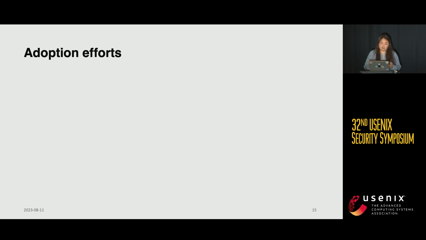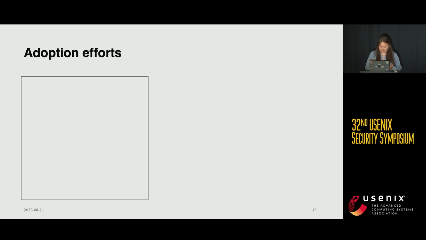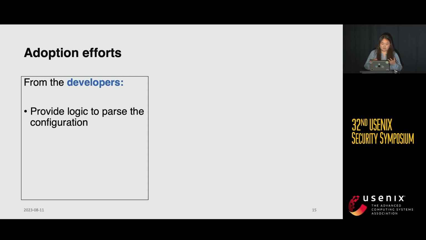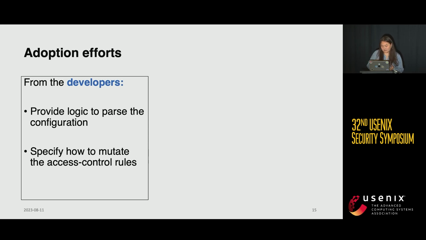This black box approach requires adaptation effort from the developers. We want to understand how to parse the configurations because each system might have different parsing logic. Second of all, we need to understand how to mutate the access control rules. So they might need to implement certain mutate functions saying what is a way to grant or revoke permissions.